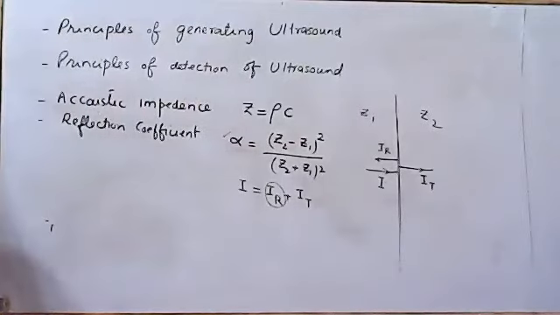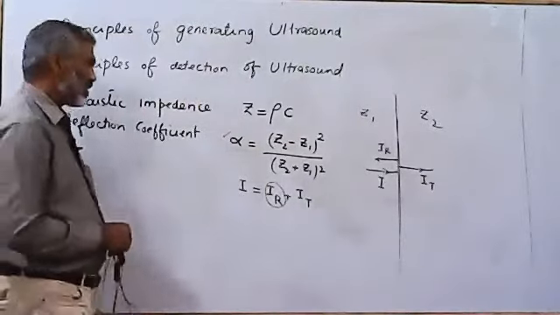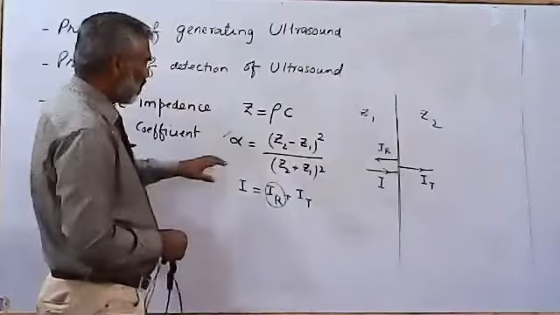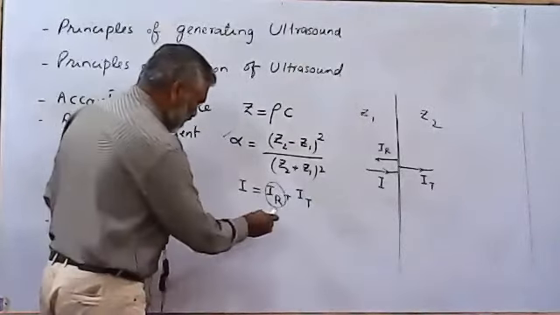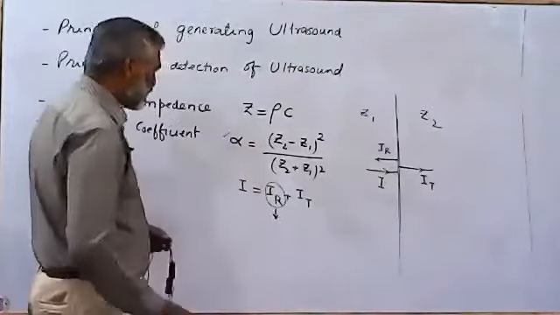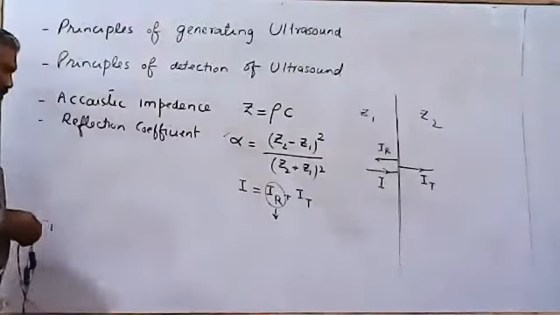IR is the part which is reflected back into the same medium. We usually denote this by alpha, the reflection coefficient.